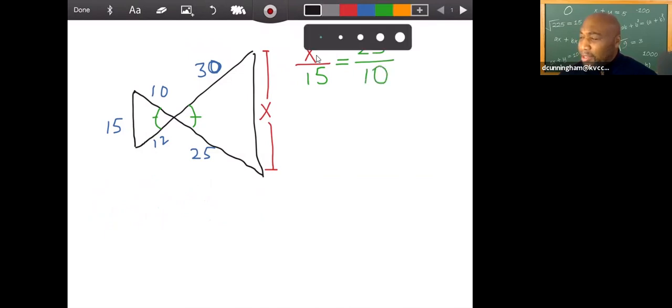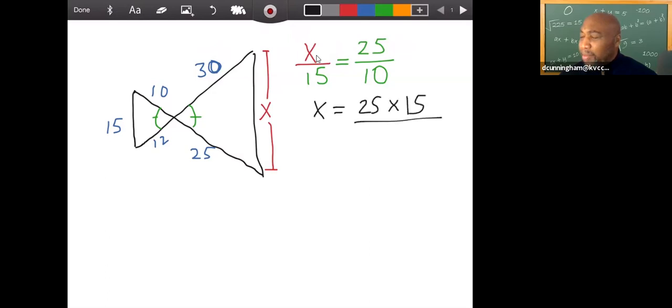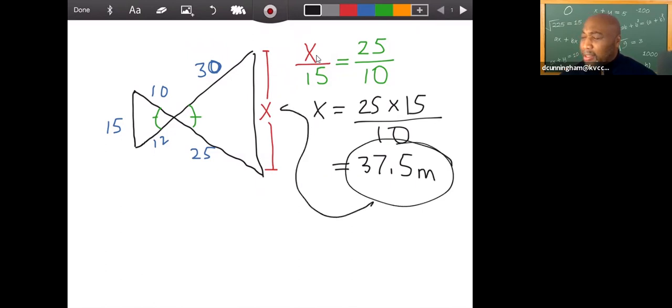So to solve for X, X will equal 25 times 15 divided by 10. That gives me 37.5, whatever units we're talking about, which I believe was meters. Therefore, that is our value for X using similar triangles.